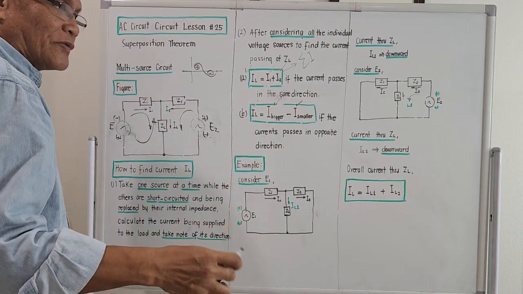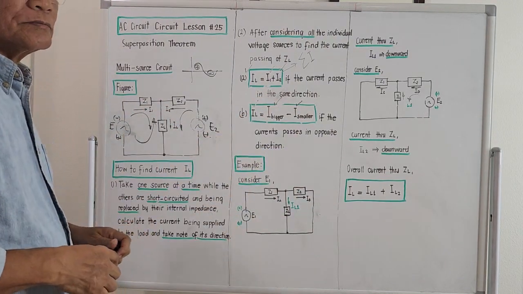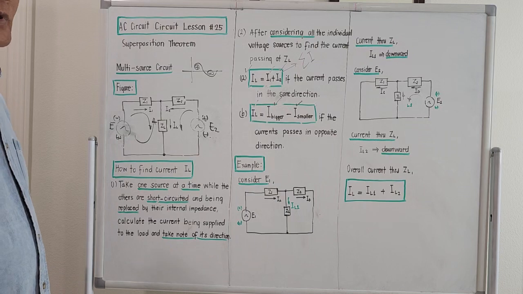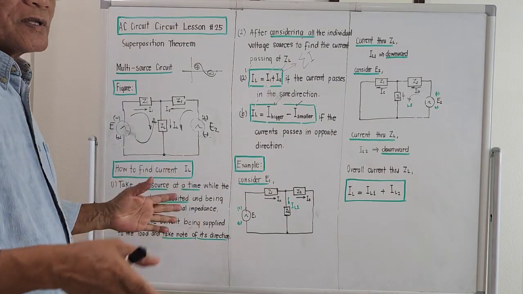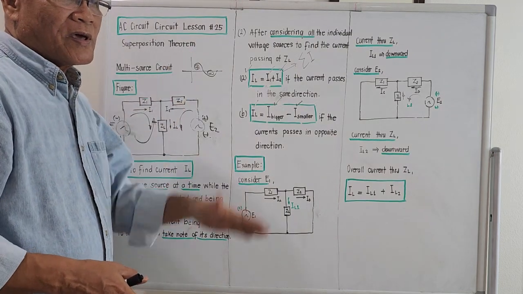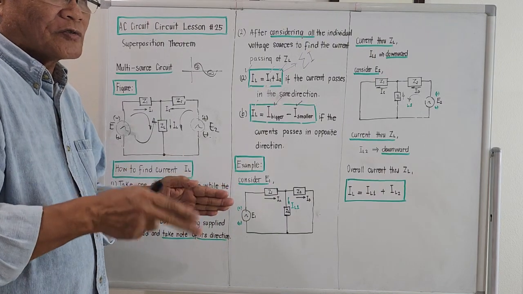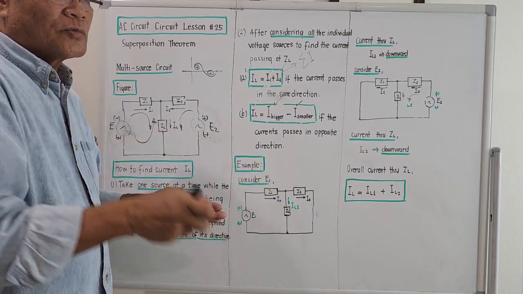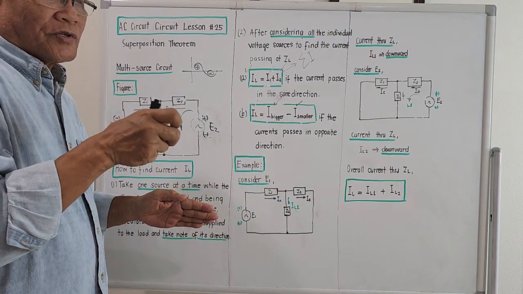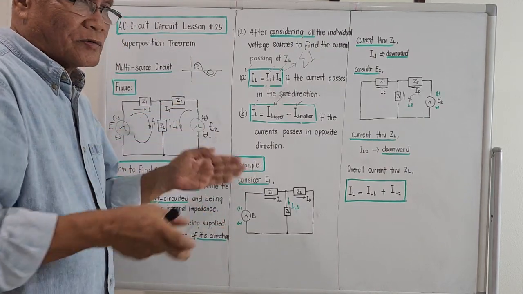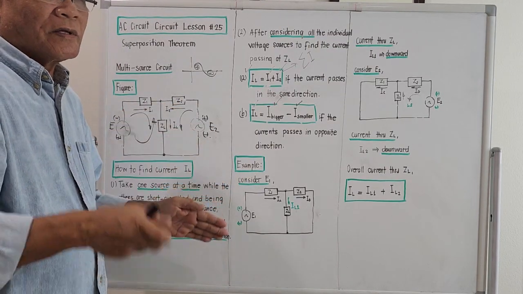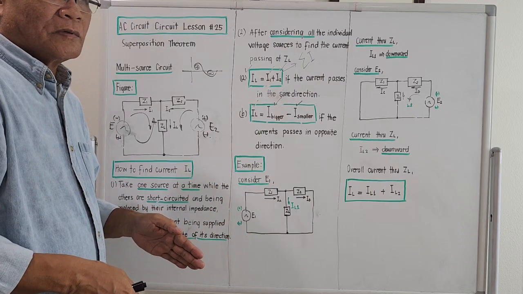As simple as that. That's the superposition theorem. Okay? So the concept here is to take one source at a time, compute for the current passing through load ZL, take note of the direction, and again consider source number 2, compute for the current, and take note of the direction.